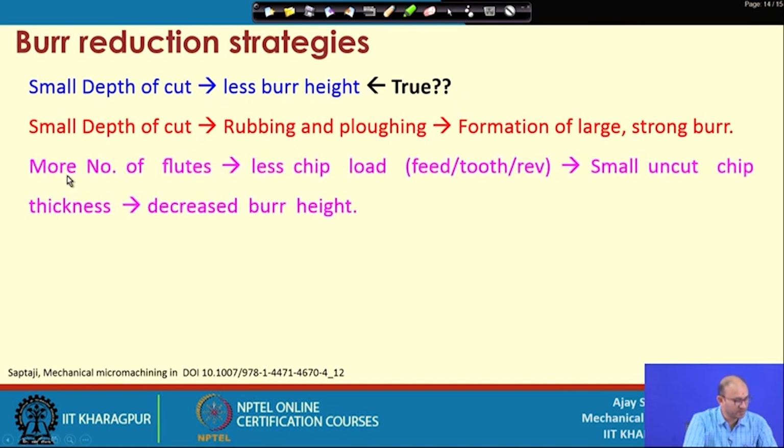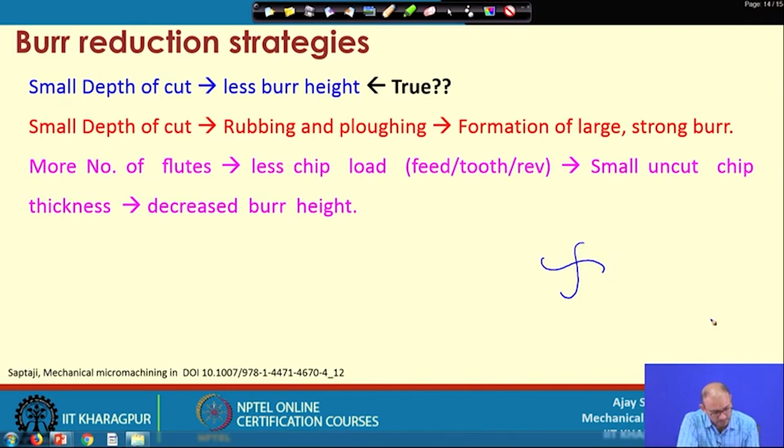Now, there is another way, that is to increase the number of flutes. In the earlier slide we saw that this is the 4 flute cutter and this is the 2 flute cutter, that means the number of flutes differs. In this location 4 flutes or 4 edges will remove the material, and in this case only 2 edges will remove the material, right.